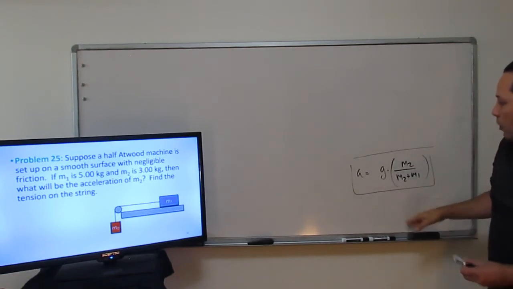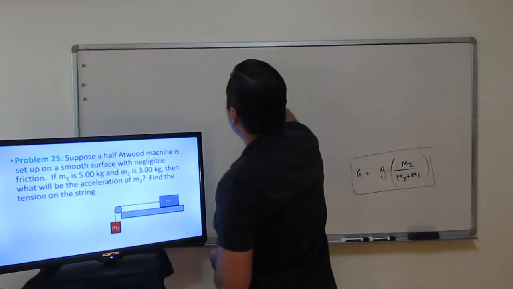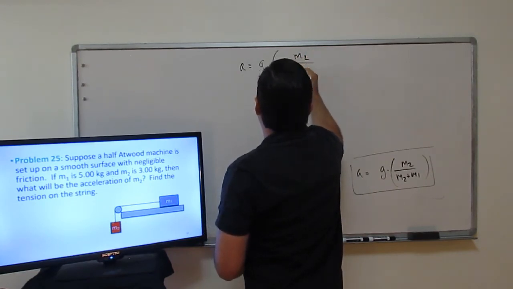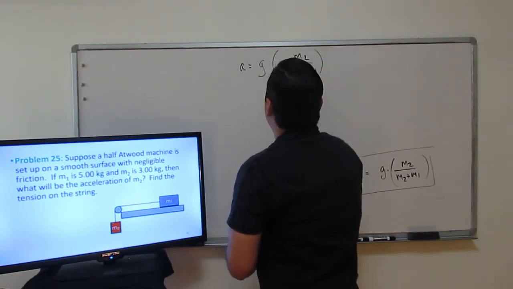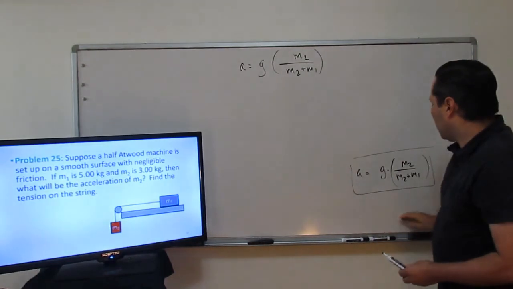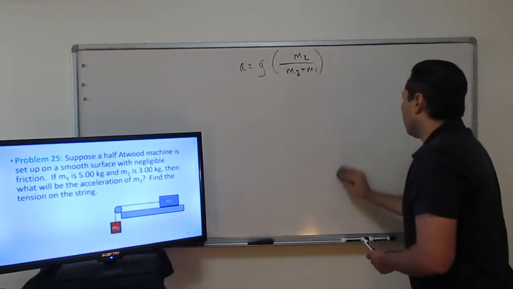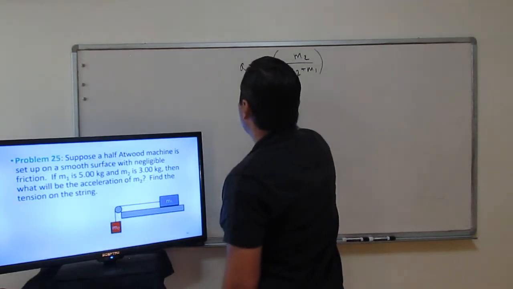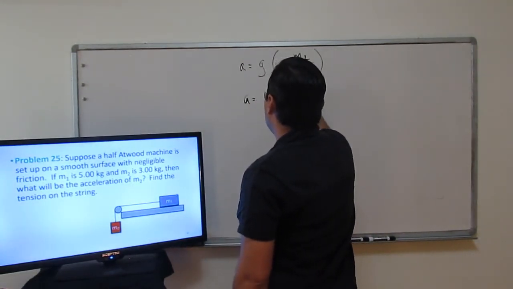Here's our formula for acceleration for our half Atwood machine. At this point, we just begin to substitute the values. Gravity is 10 meters per second squared.